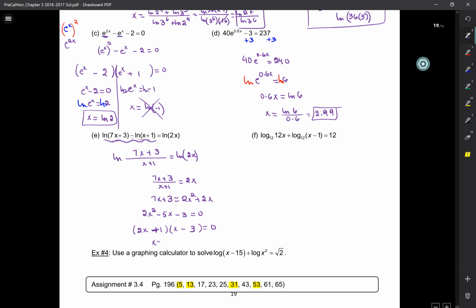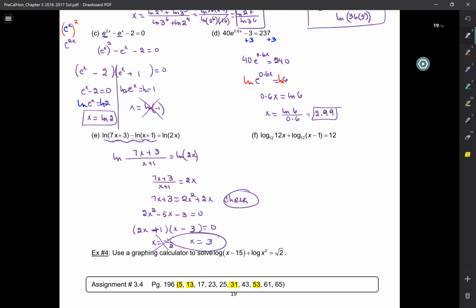And here I get that x equals negative 1/2 and x equals 3. All right, well, let's check. When you check, negative 1/2 will not work because here you get ln of a negative number. So the only solution is x equals 3.